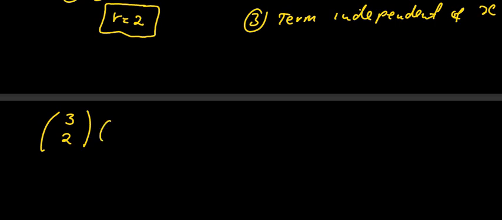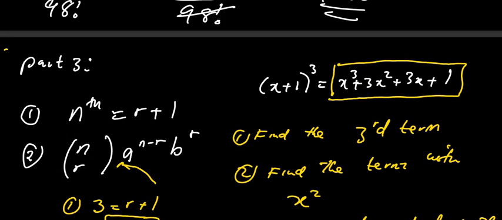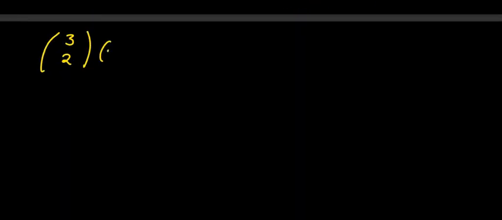Then the first term that we have, from the question itself, is x. So that's x to the power 3 minus 2. Then the second term, which is a 1, raised to the power 2.